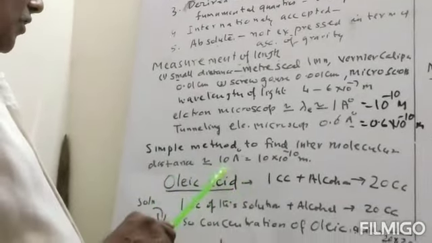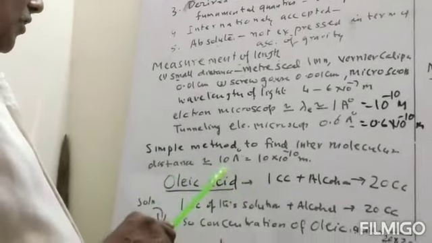Now we take 1 cc of oleic acid in a measuring jar. Then we add alcohol to make the volume from 1 cc to 20 cc. So now the solution of oleic acid in alcohol is 20 cc, in which there is 1 cc of oleic acid.